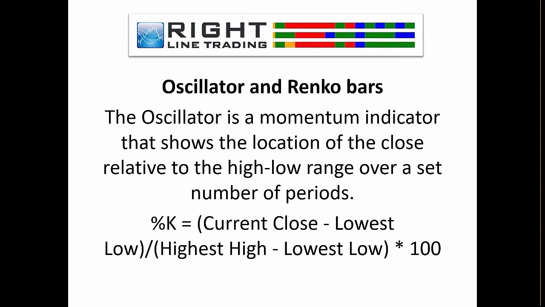If you're going long, as the close of the candle approaches the high, or if you're going short, as the close approaches the low, the oscillator line is going to move to the upside or to the downside. You need four parameters to go into the formula to construct an accurate oscillator line, and that's the open, high, low, and close of a candle or period.